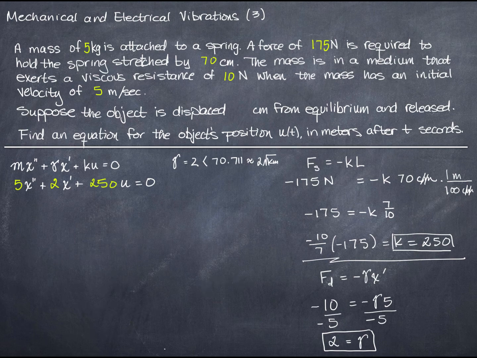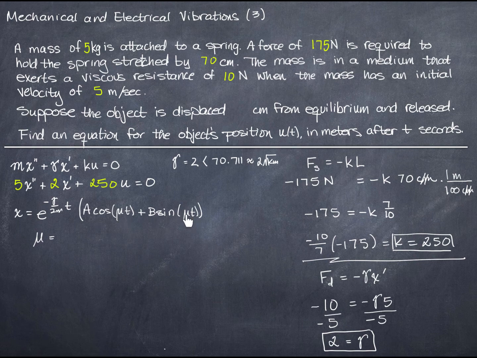The solutions to this system look like x equals e to the power of negative gamma over 2m times t, times a cosine mu t plus b sine of mu t, where mu is written this way for convenience.